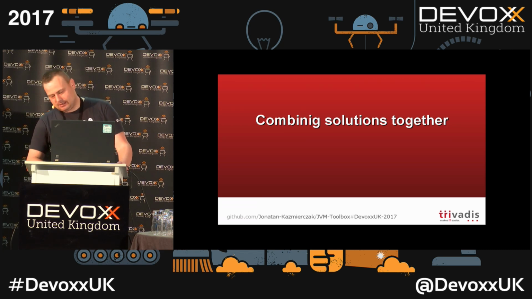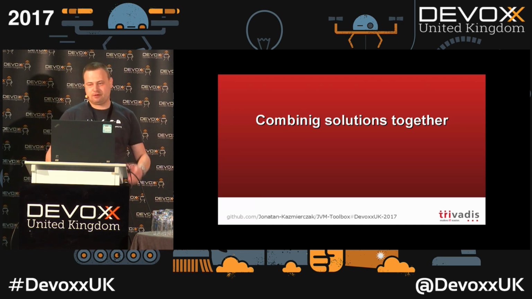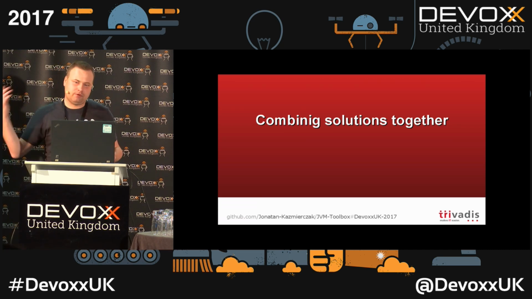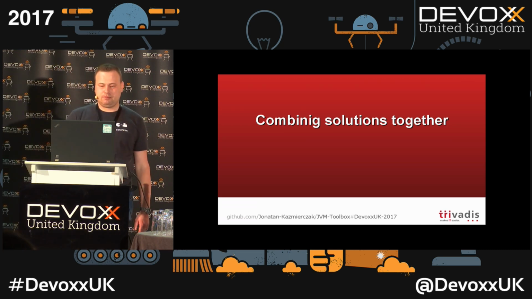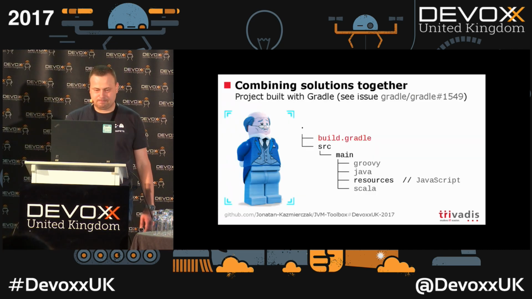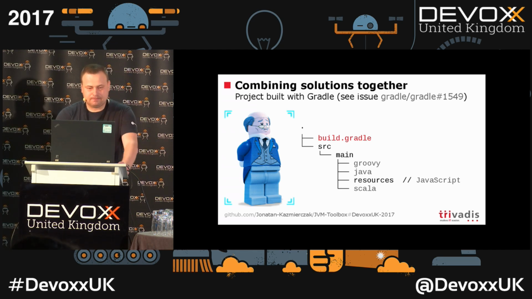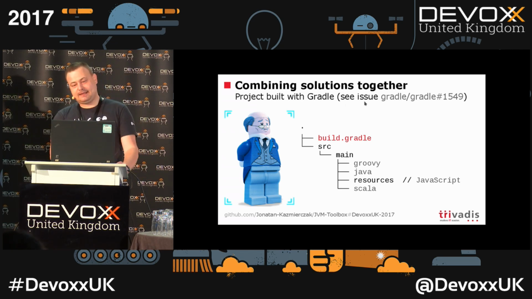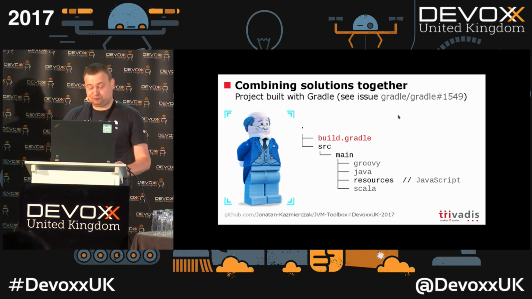So now let's combine our solutions together. We coded three different functionalities in 4 different languages. Now we probably want to make some use of them. And so we can build the project, obviously, with the help of Gradle. And here we have a link to an issue.